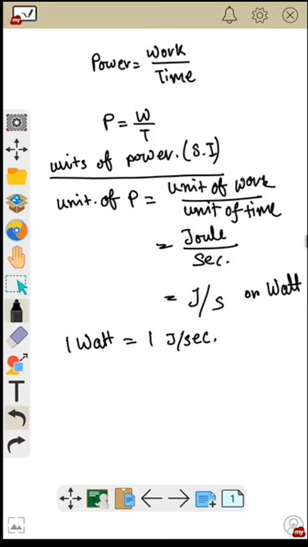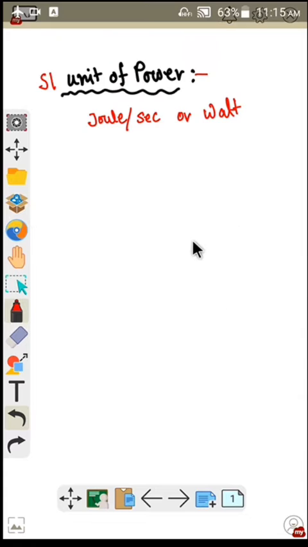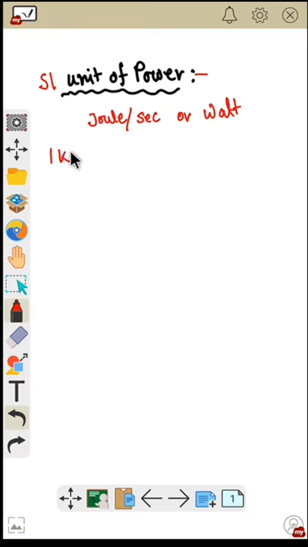Now let us discuss some other types of unit of power. Students, we have seen some units of power, that is watt. Let us discuss about other types of unit. Just like 1 kilowatt. So 1 kilowatt means 1000 watt. So it can be written as 10 to the power 3 watt.